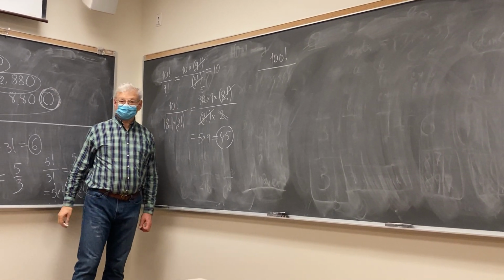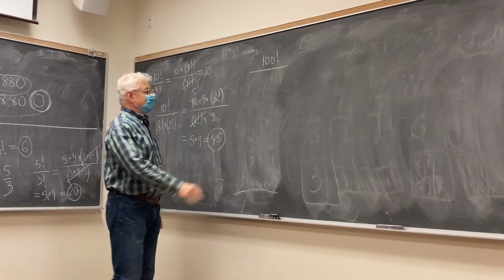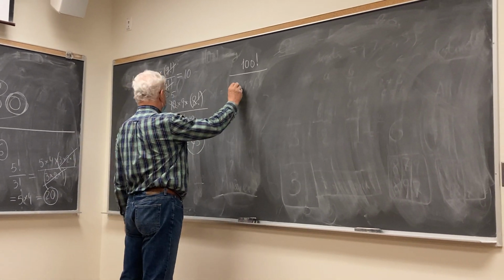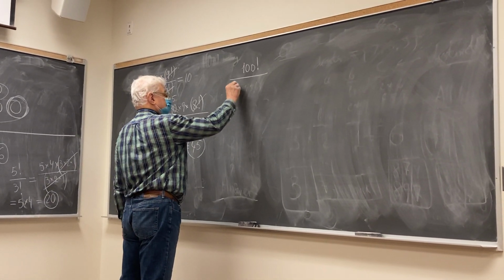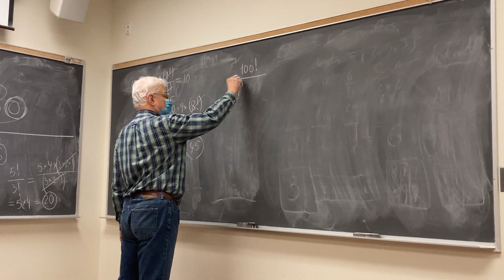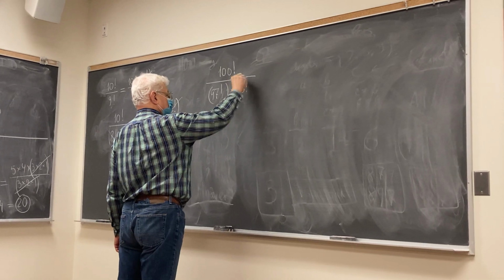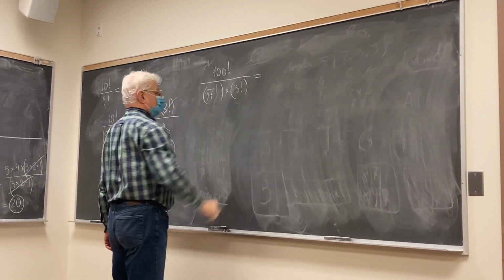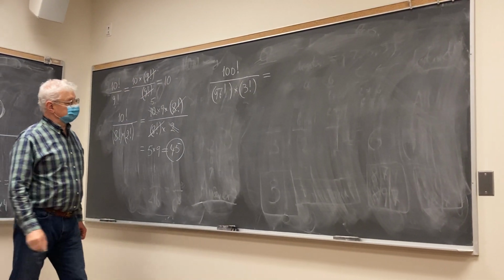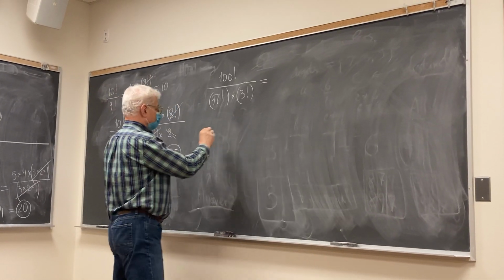Okay, 30 digits, 40 digits, I don't know exactly. Let's divide by 97 factorial times 3 factorial. What is that? Let's solve it the same way.